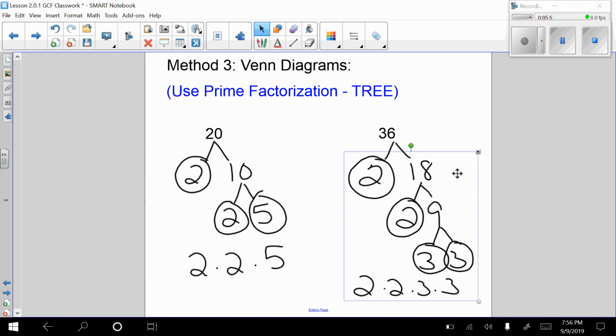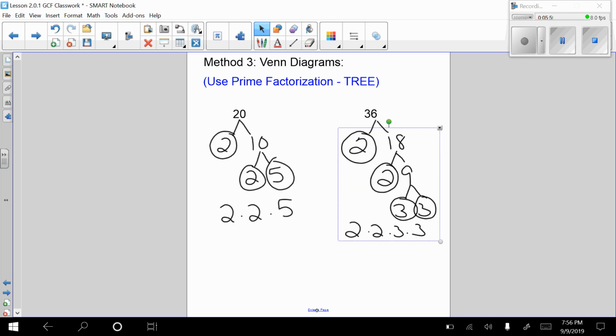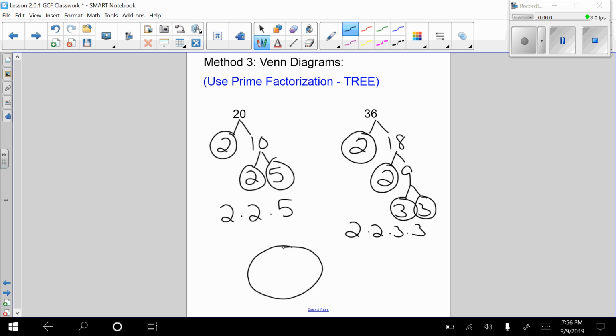Now, when I go to do my Venn diagram, we all do know what a Venn diagram looks like. We've used those many times. In the middle, we want to put what they have in common. Well, I have a 2 here and a 2 here, so I'm going to put just one 2 in the middle. And I have another 2 in here and another 2 here, so I'm going to put another 2 in the middle.